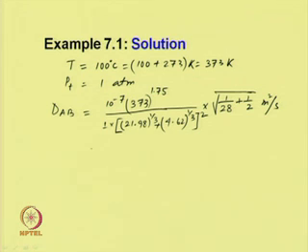So, this will give you 1.159 into 10 to the power minus 4 meter square per second. Now, let us consider the second problem.